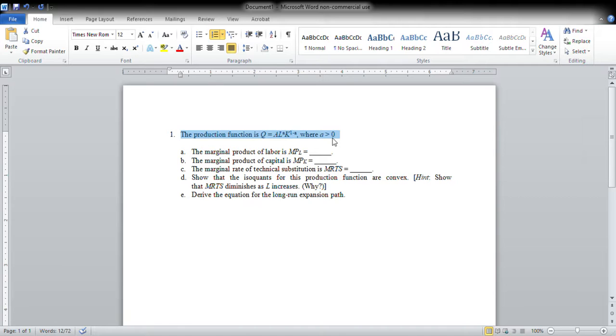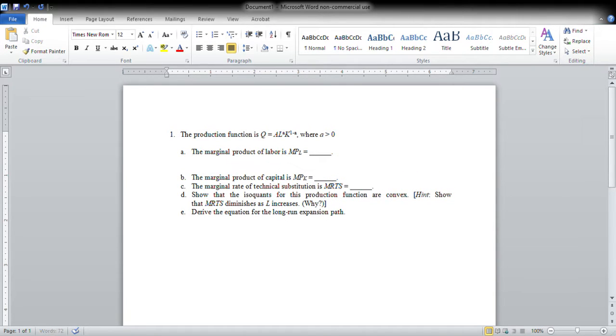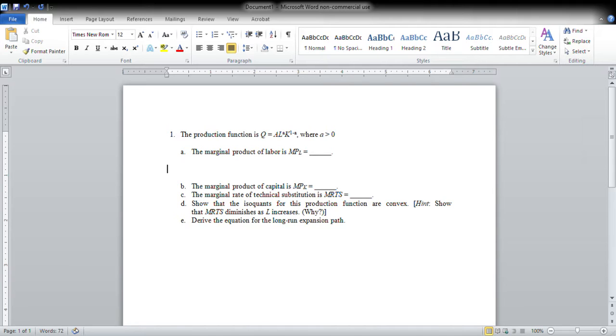So, marginal product of labor. And remember, when we work in the margins, we are looking at what would happen with one additional unit. What would one additional unit do to our circumstances?